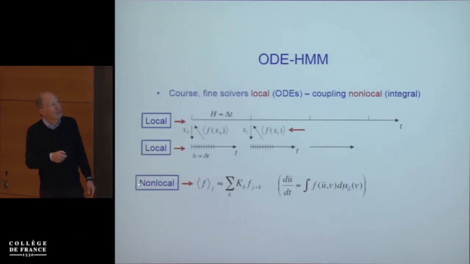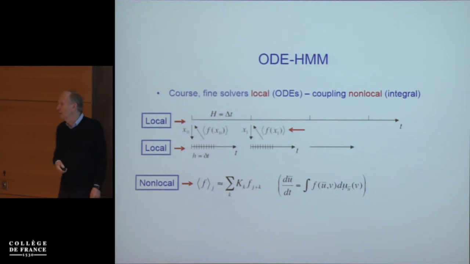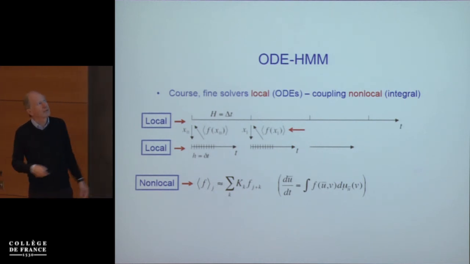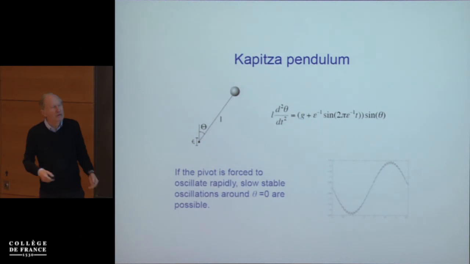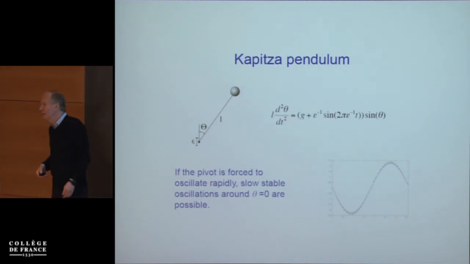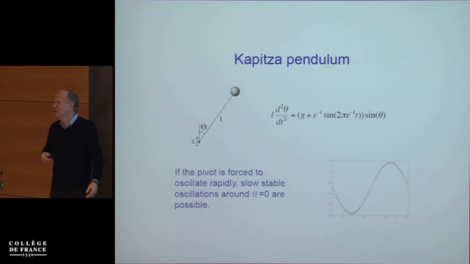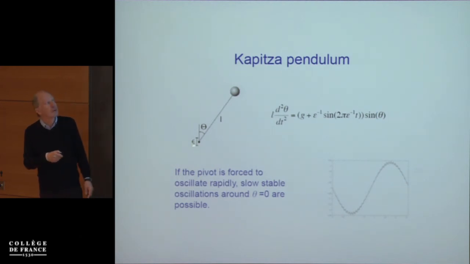So you have two local processes, and then you have a non-local coupling in between those when you do the calculation. And that works well in many, many cases, not all. So an early case, which is natural, is the Kapitsa pendulum. Nobel laureate, not for the pendulum result, but this was seen as sort of a control theory thing by him, controlling on the atomistic scale.